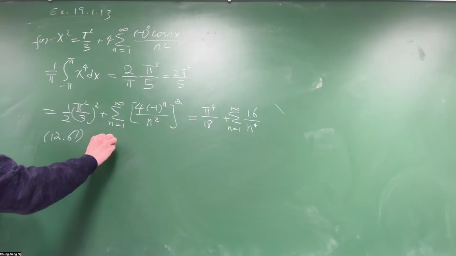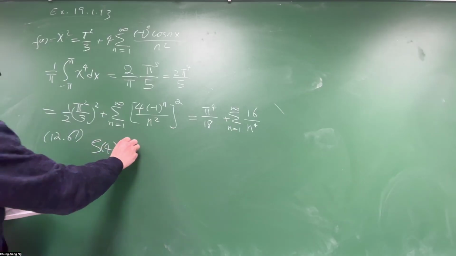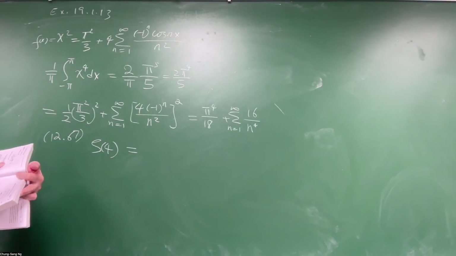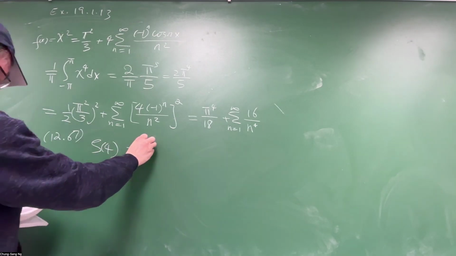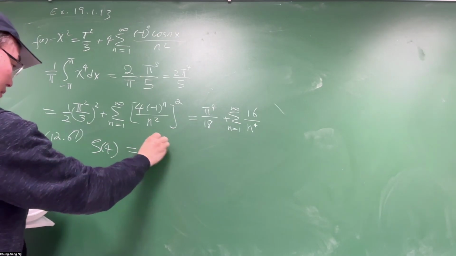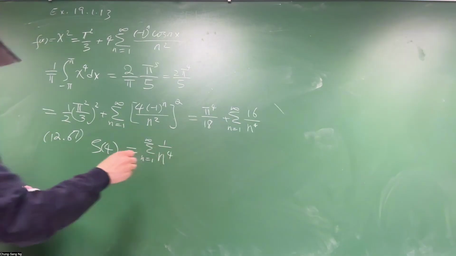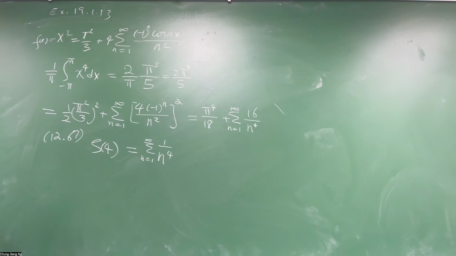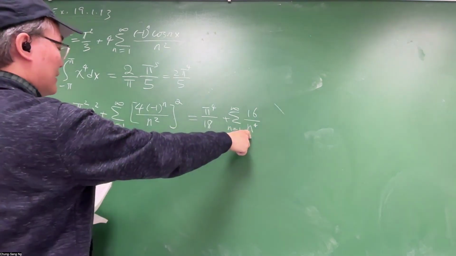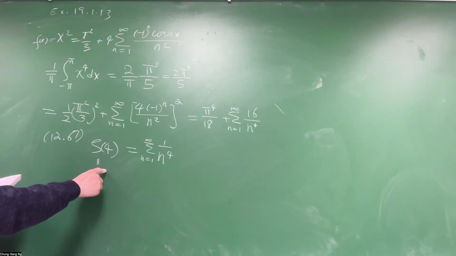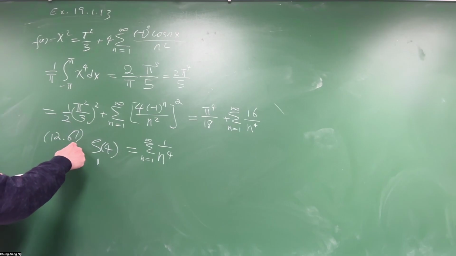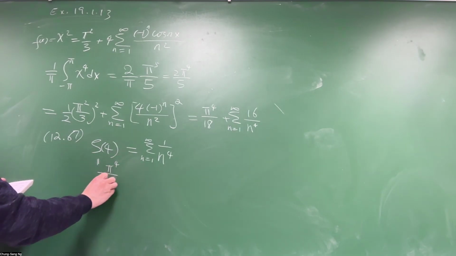The Riemann zeta function definition is the sum over 1 over n to the s, so whatever s is. For s equal to 4, this is the sum over 1 over n to the 4th, and the answer is given by this equation, pi to the 4th over 90.